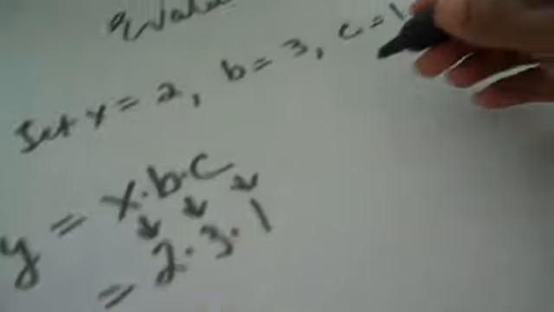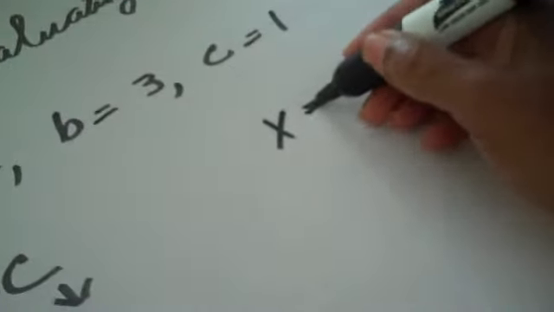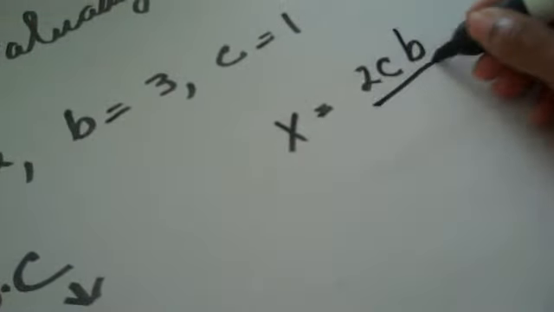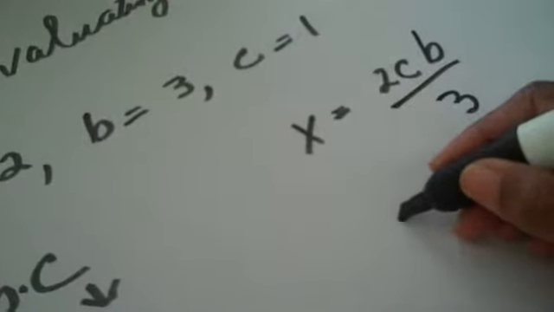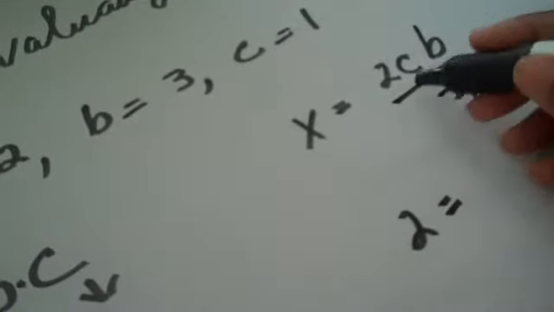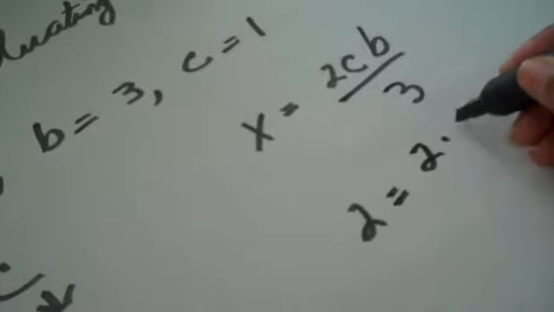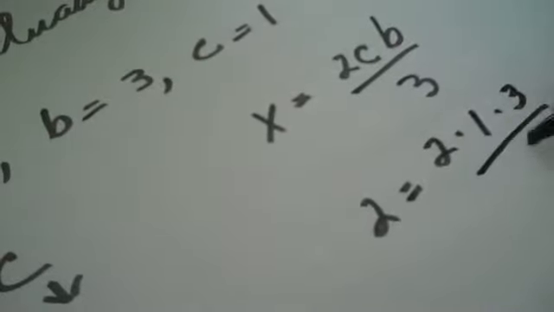Okay, let's look at another example. This time x equals 2cb over 3. Substitute in the values we know. We know x is 2, and this means 2 times c, so that's going to be 2 times c is 1, and b is 3, and that's over 3.